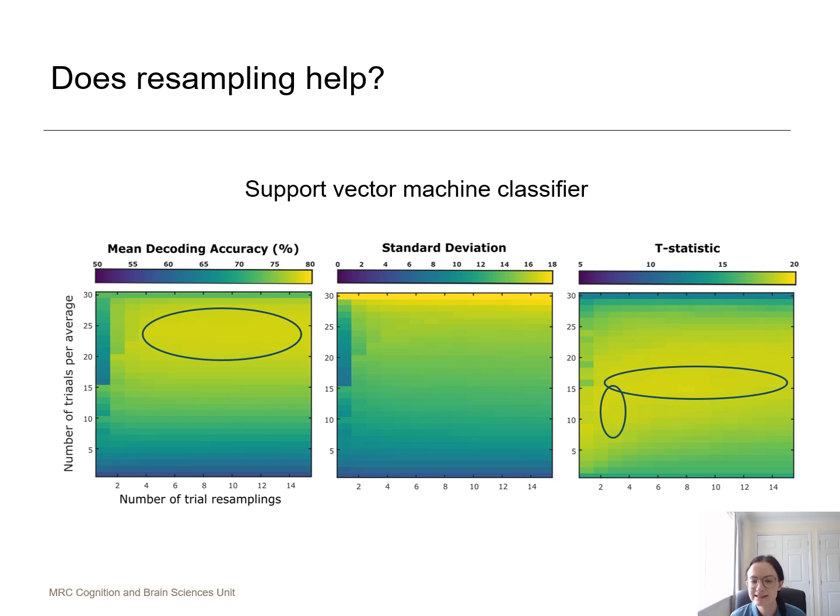However, considering your t-statistic, you might actually be safer using roughly half of your trials, because including more trials, as we saw, increases the standard deviation. And again, having only a low resampling value between 2 and 4 across the x-axis is sufficient to maximize your detection of the effects.